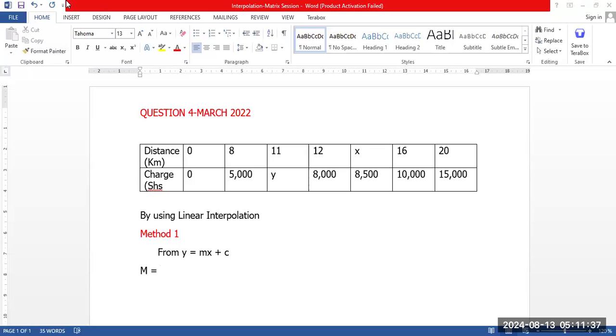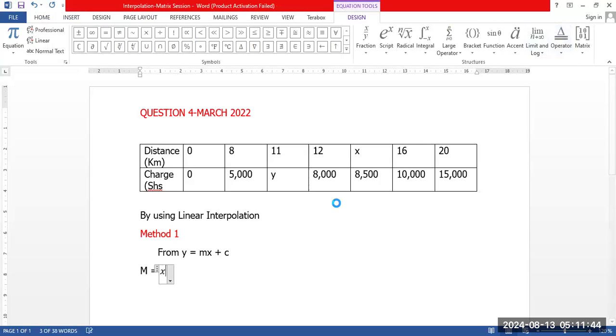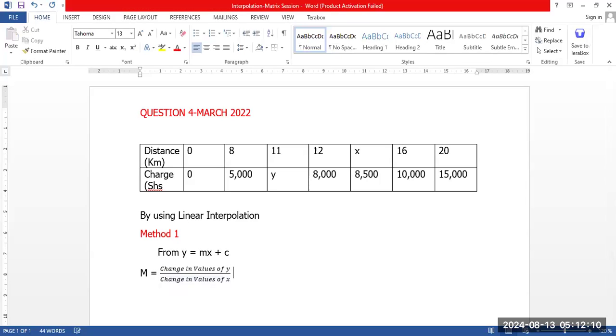So here m will be the change in values of y, then we divide by the change in values of x, which is equal to what?